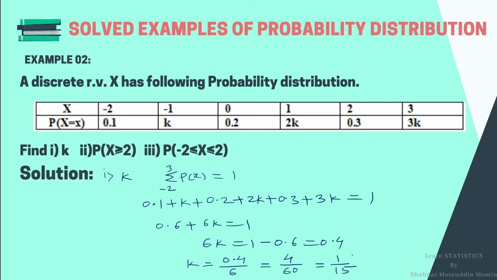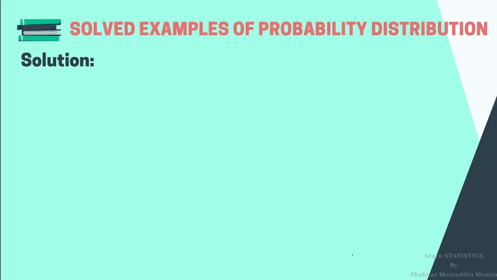Let us calculate probability x greater than or equal to 2. Probability x greater than or equal to 2 means here x takes values 2 and above 2, so x will take value x equal to 2 and 3.